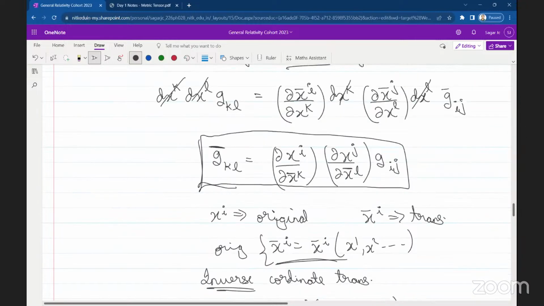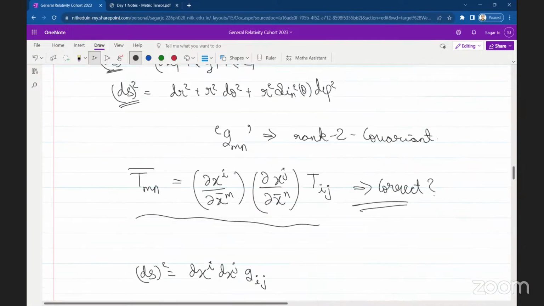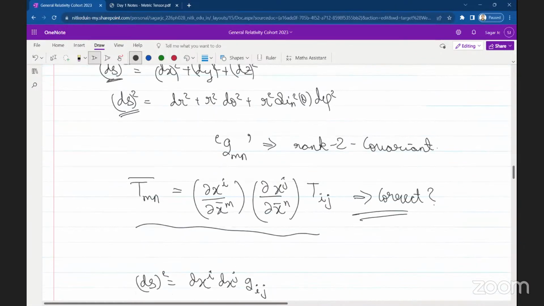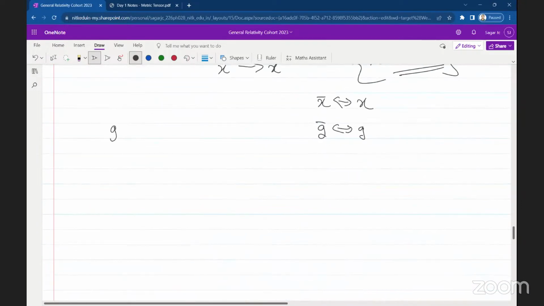This is nothing but the expression for the transformation of a rank 2 covariant tensor, right? So you can see that here. This is how we can prove that g_mn or g_ij is a rank 2 covariant tensor.